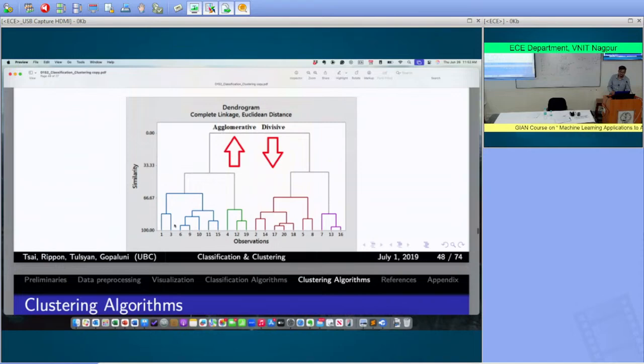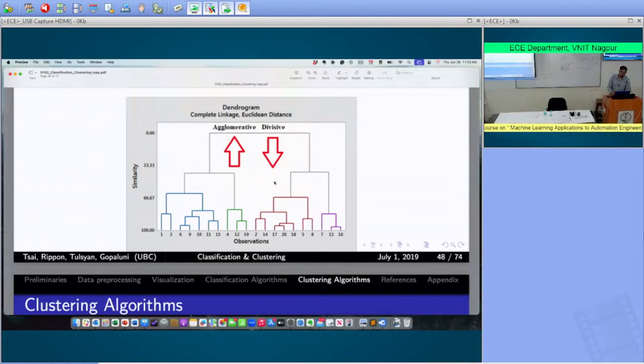In agglomerative clustering, you start with all your samples, and then you have some sort of a similarity matrix, and you start grouping things that are similar, and then you keep doing that repeatedly until you aggregate everything. Right? So you can stop at any level. At different levels, you have different number of classes. Right? So that's one way.